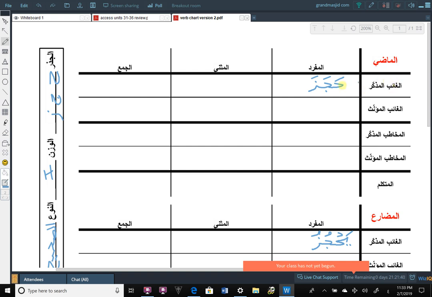So third person, masculine singular, hajaza. Al-ghaib mudhakkar mufrad, hajaza. Muthanna dual, hajaza. We add the alif al-ithnain, hajaza, right? And then when we want the jam, the plural, we add the waw al-jama'a, the waw of plurality, and we protect it with an alif.